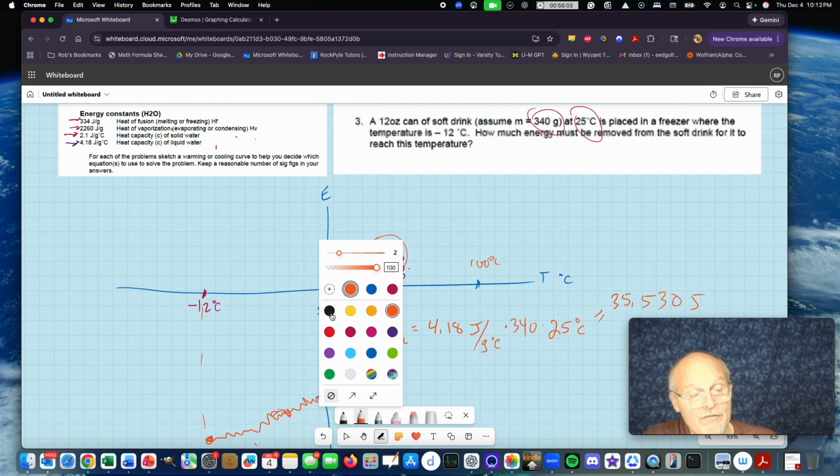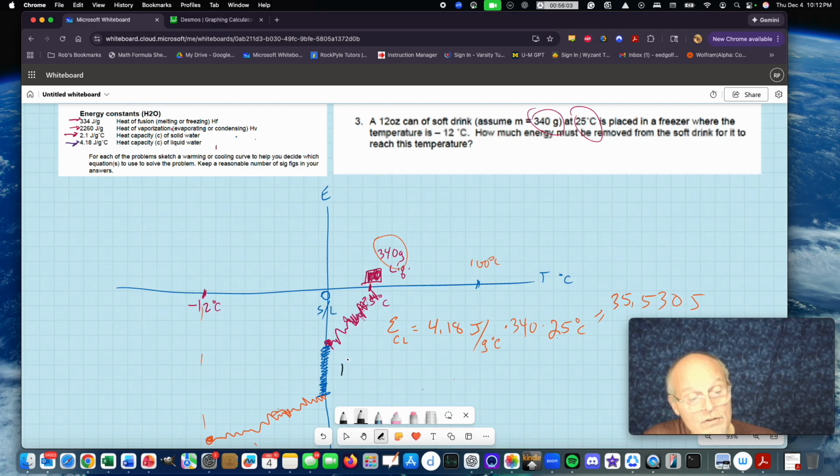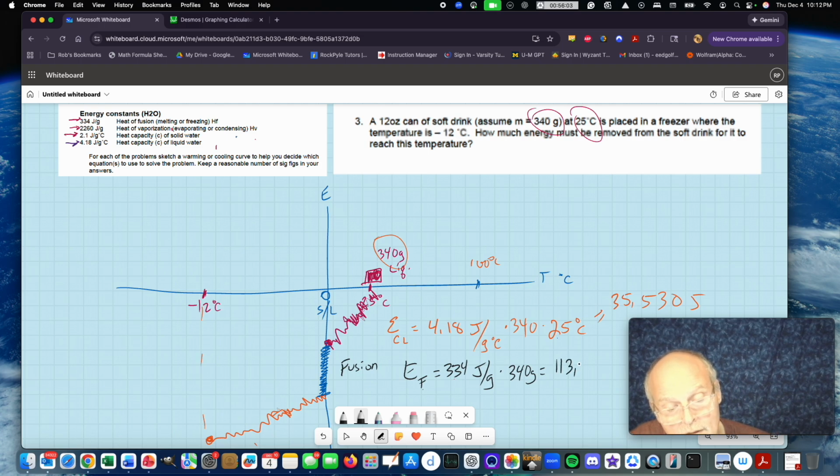Next, I have the fusion, and in reverse, so it'll be negative. That is the heat of fusion. E sub fusion is 334 joules per gram times 340 grams, which equals 113,560 joules.